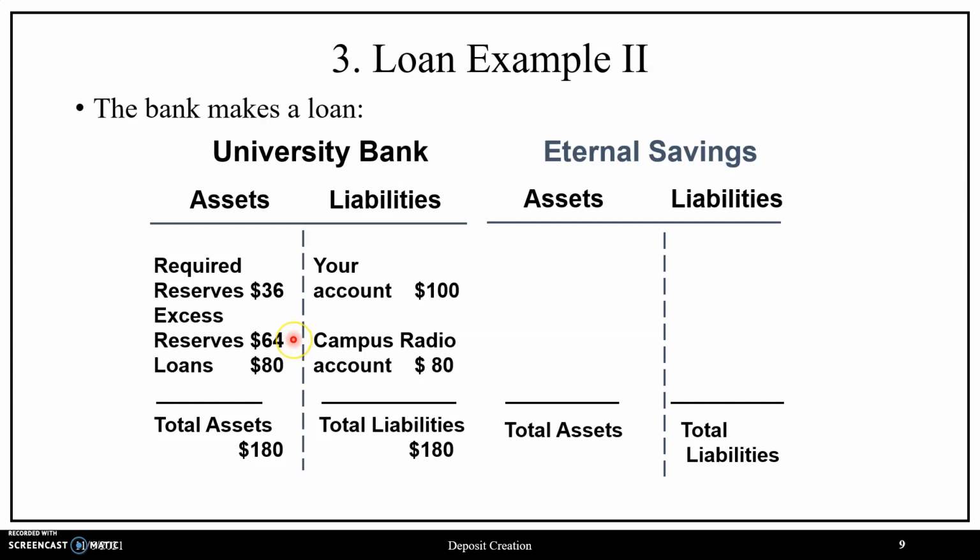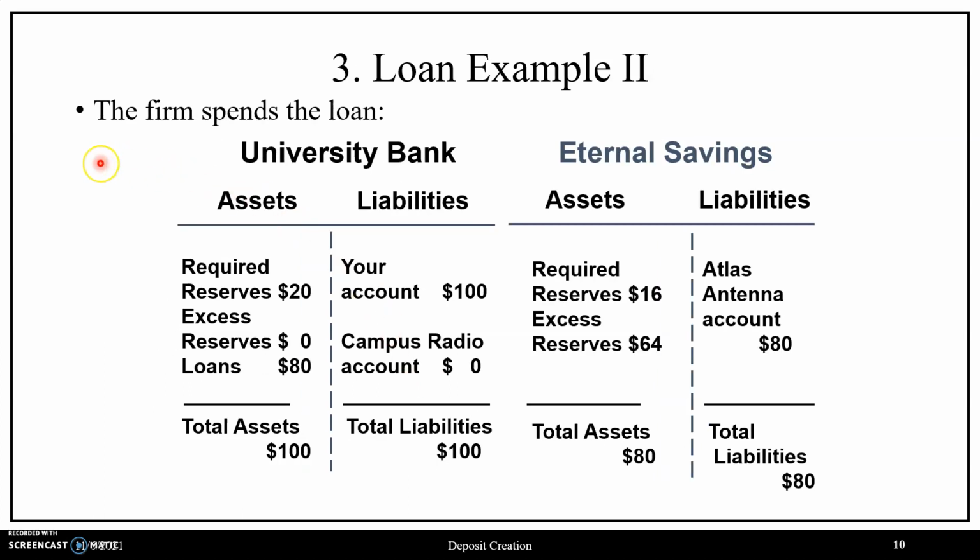Where in terms of our excess reserves, it's going to be the difference between our reserves of $100 of the cash held minus our $36, giving us a total of excess reserves of $64, where the sum of these two will give us $100 as before. And as far as the money supply goes, with this $80 loan, the money supply has expanded by $80 via transaction account balances. So then now moving on to our third step, the firm spends the loan at another firm.